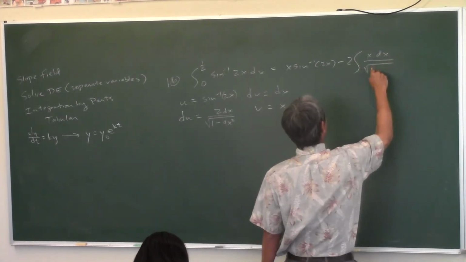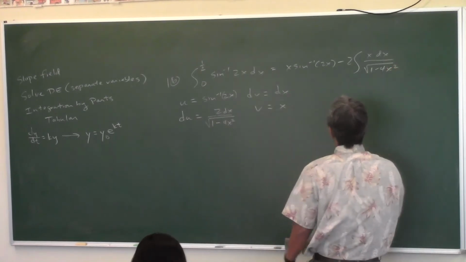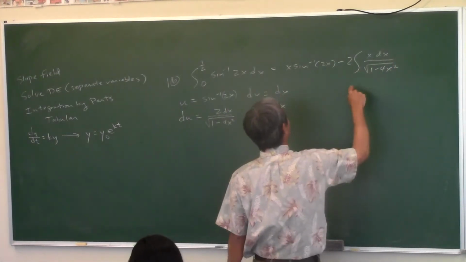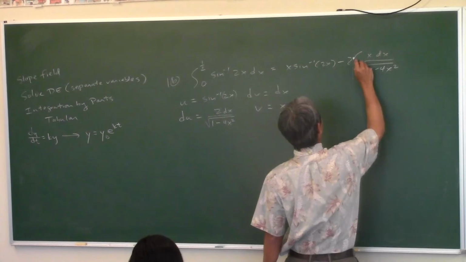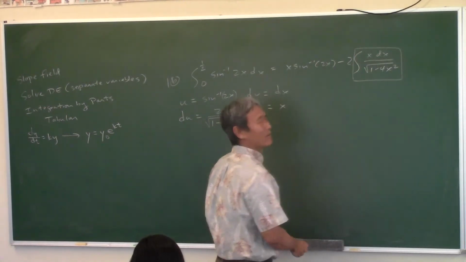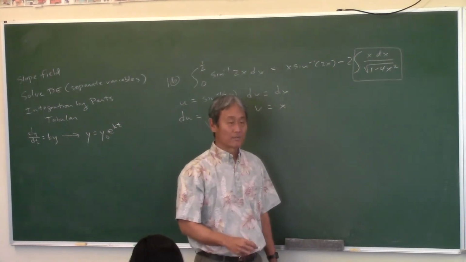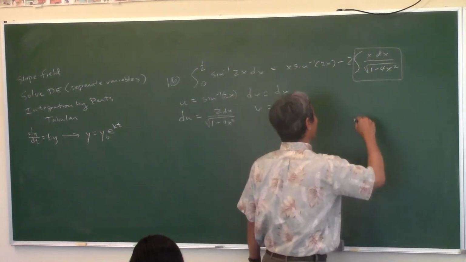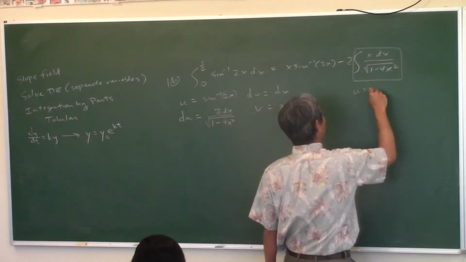And then you got this. So in order to do this integral, you got to do this integral. So here, I'm going to box it. How do I do that integral? U substitution. And since we are on video, I'll do it. u equals 1 minus 4x squared.